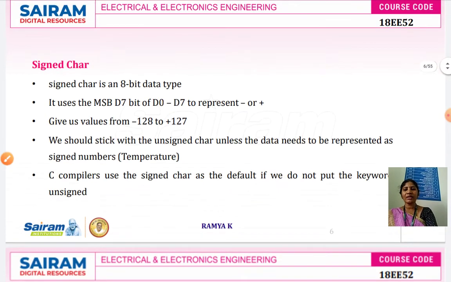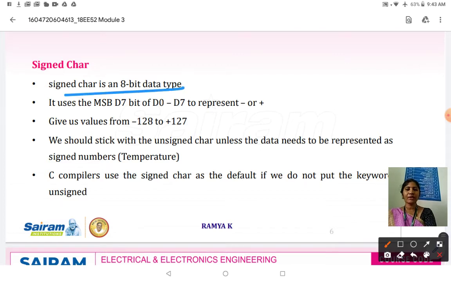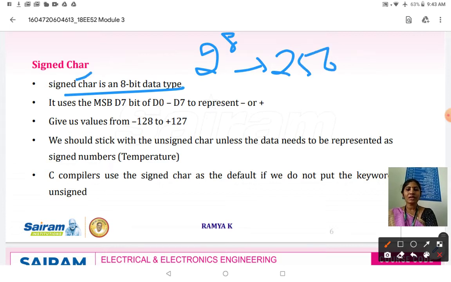Next is your signed char. The signed char is also an 8-bit data type. So when you put 2 power 8, you get 256. Since it is a signed char, the data ranges from minus 128 to plus 127, and we should stick with the unsigned char unless the data needs to be represented as signed numbers. Only if we want to represent numbers as signed numbers will we use the signed char data type.